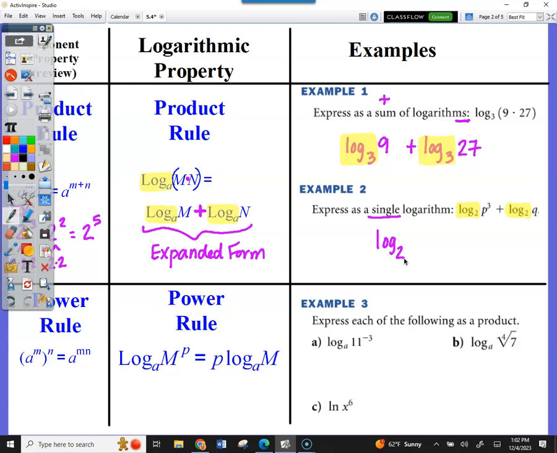Now I have multiple things coming together, so you need to put parentheses, and I just write what the of part was. It's p cubed and q. You don't have to put the multiplication dot there, since it is 2 variables, but I did put it there.